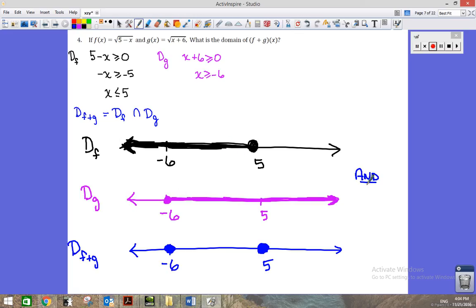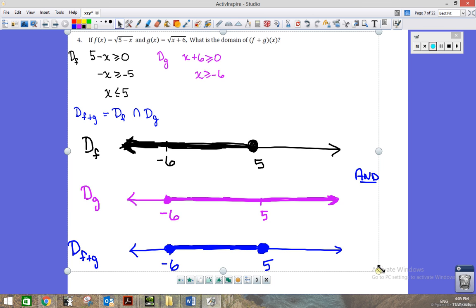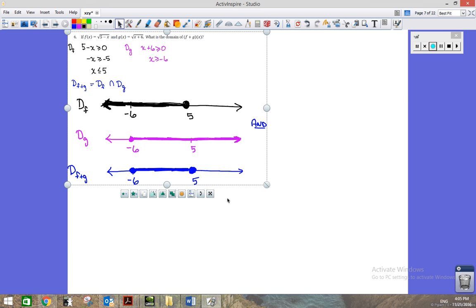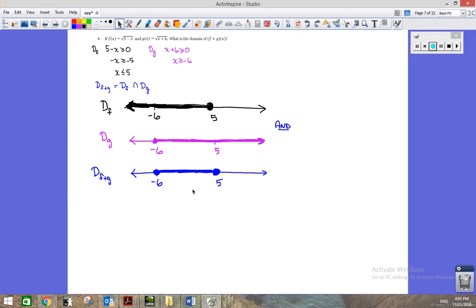Since they are in both, they are in my intersection. And then to the right of 5 is not in f, so it won't be in the intersection. So now I have a picture of my answer, and I need to describe that set of numbers. Well, there are too many to list. There are infinitely many numbers there.